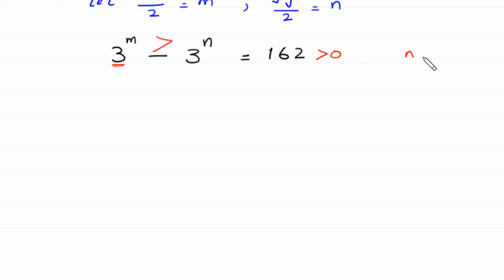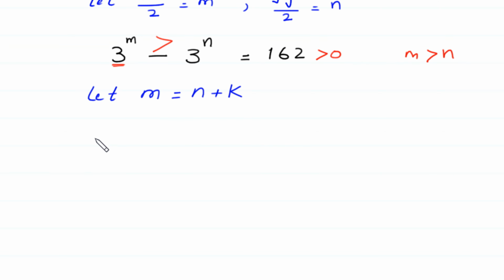So m is greater than n, and we can suppose that m is equal to n plus some other number. Let m is equal to n plus k. We substitute this value of m, n plus k, in this equation.